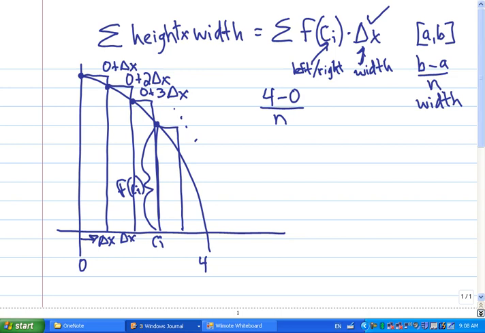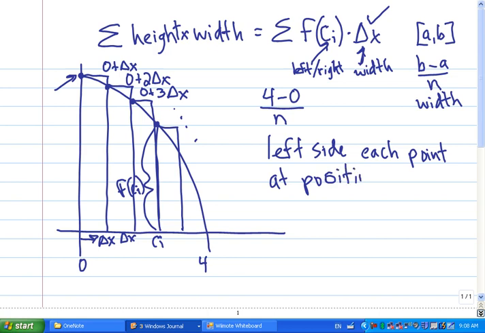So this pattern that's emerging is showing me, sorry, I said right, but this is actually the left side. So we're going to use the left side here. And each point at position i, for us, will be 0 plus i delta x.